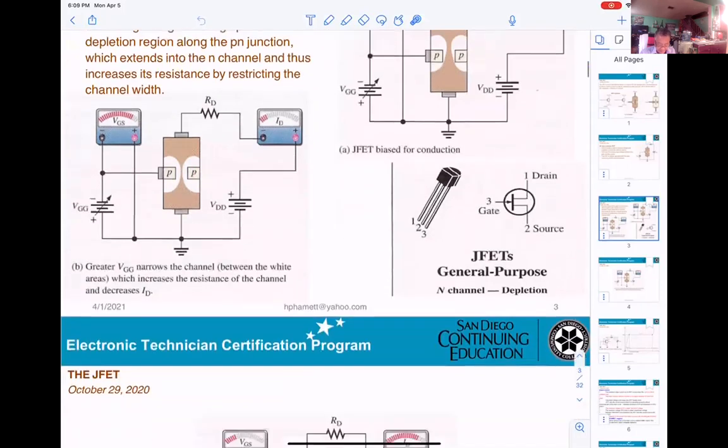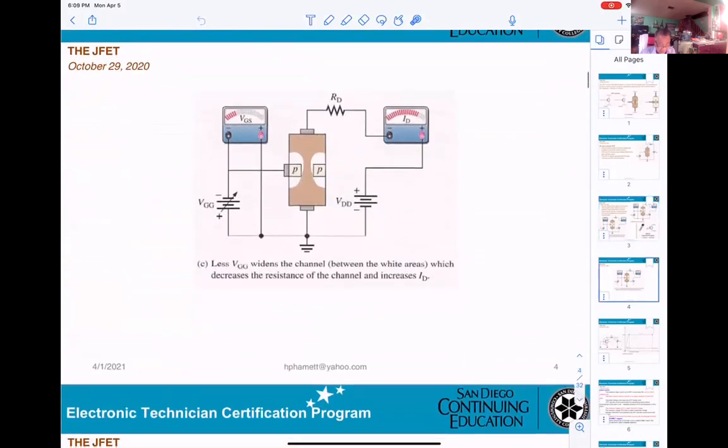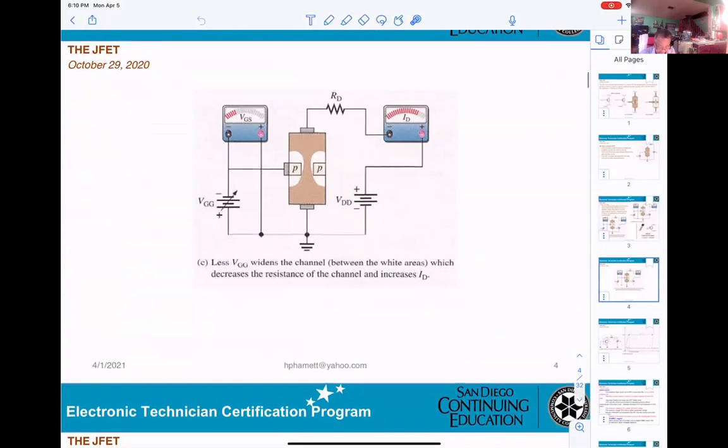Now, with less VGG, that means the voltage here is less, then the current will be more and the channel will be wider. So more electrons can be moving, that means more current for the current ID.